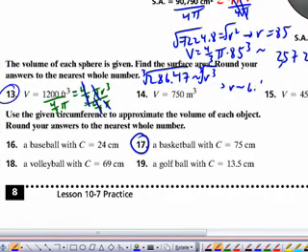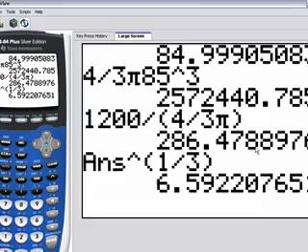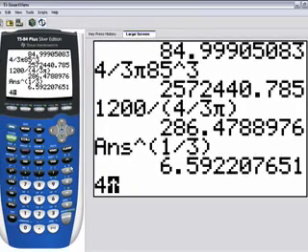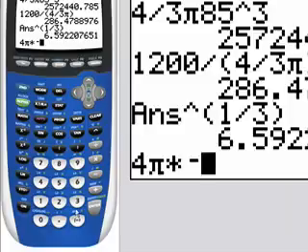So now we have as our radius about 6.592. And so finally we can say that the surface area is 4 times pi times 6.592 squared. It's 4 pi r squared. So 4 times pi times the answer, 6.592 squared.